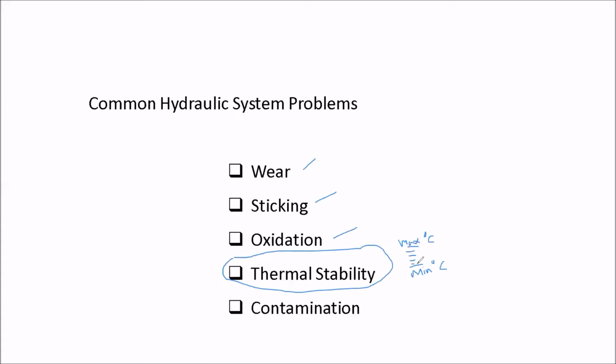If your oil can maintain within this range during the operation, then the oil has good thermal stability. If the temperature increases over this or decreases below this, then it does not have thermal stability. If your oil has very good thermal stability, then remember the cooler and the heater need not perform a function to stabilize the temperature. So it's very good to have a hydraulic oil with good thermal stability.